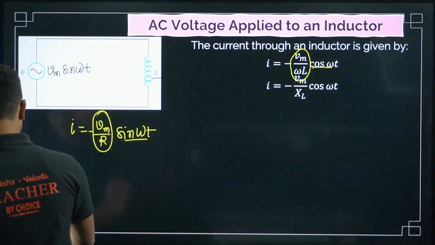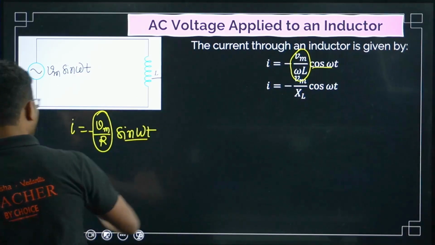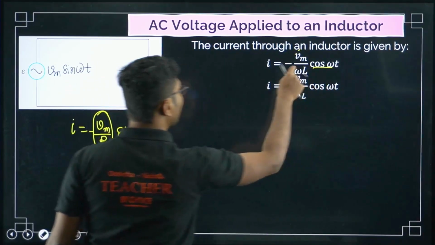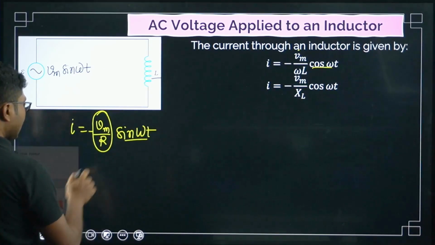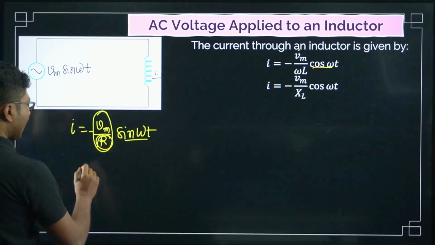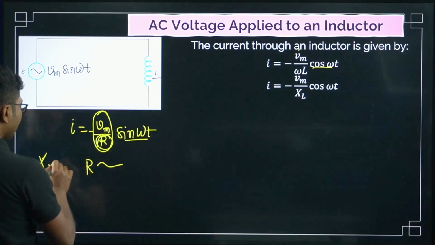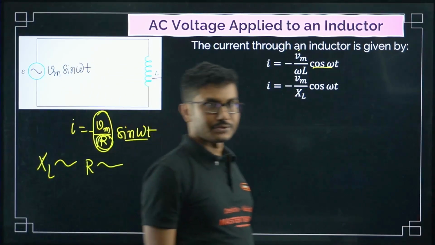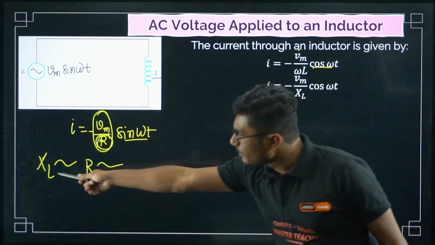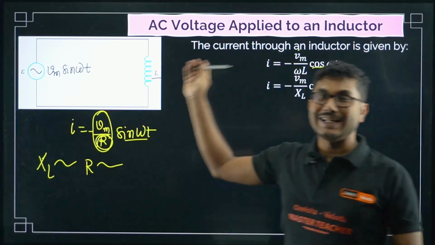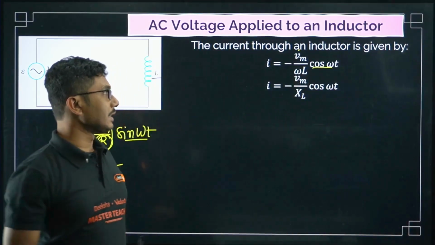Now what is this XL? XL has a similarity with the resistance. If you see here, omega L was in the division, here R is in the division. So this term XL plays the equivalent role as a resistance. XL is basically playing the role of resistance when an inductor is connected to a circuit.